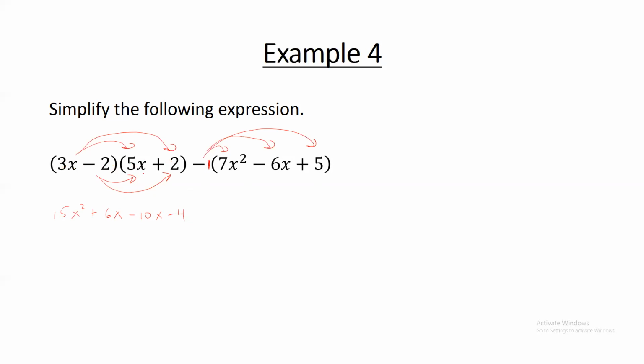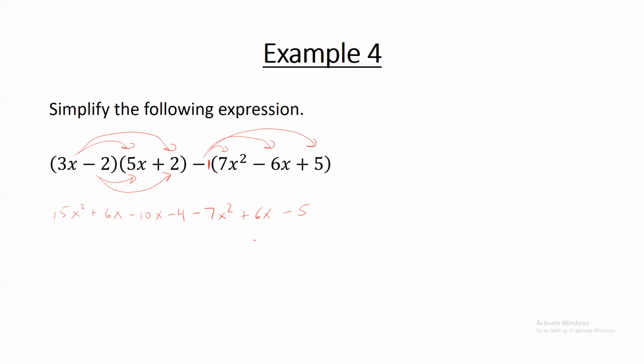That's the first multiplication, and then the second, negative 1 times 7x squared is minus 7x squared. Negative 1 times negative 6x is plus 6x, and negative 1 times 5 is minus 5. And that was all of our multiplication.